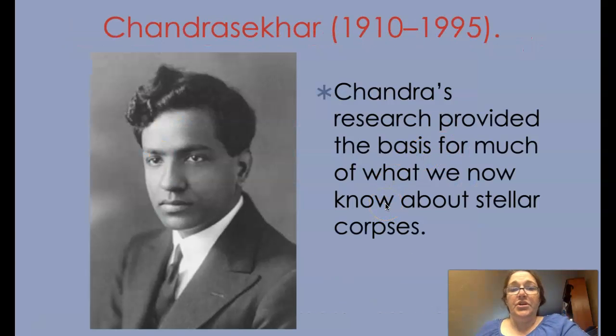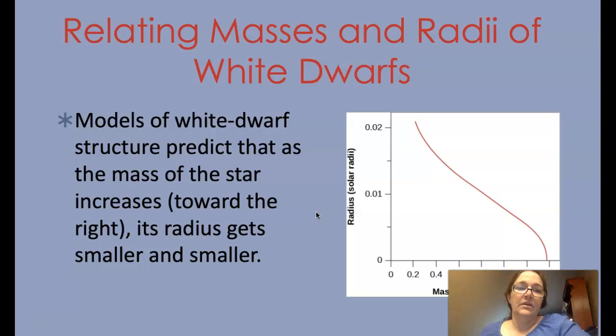So Chandrasekhar is how you say this name. This was a really important guy doing research on stellar corpses, white dwarf stars. And he did a lot of the research, and so there are some things named after him, like the Chandra telescope, which gives us a lot of the imagery that we're looking at in these lectures.